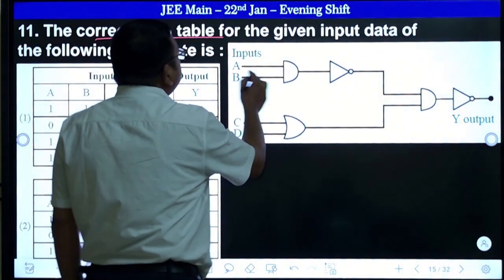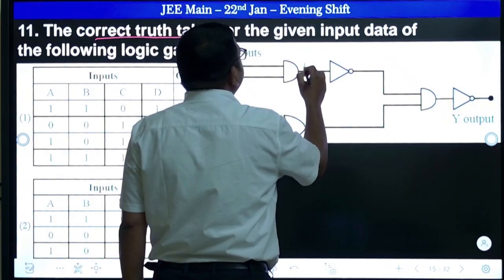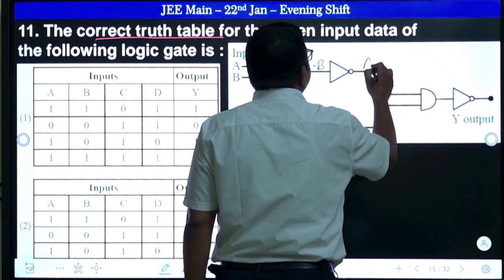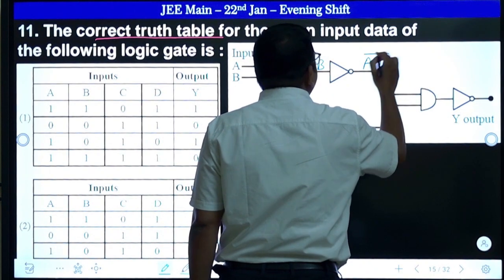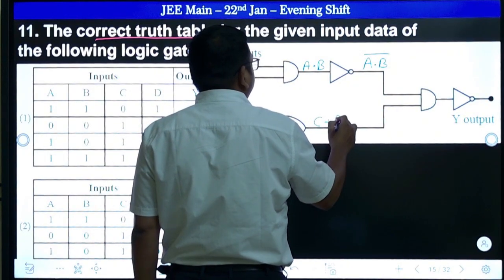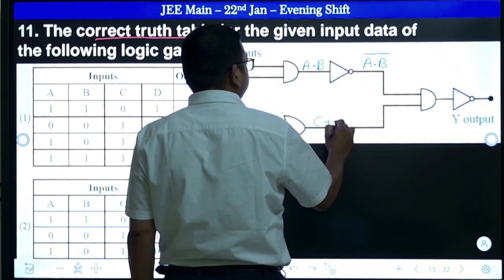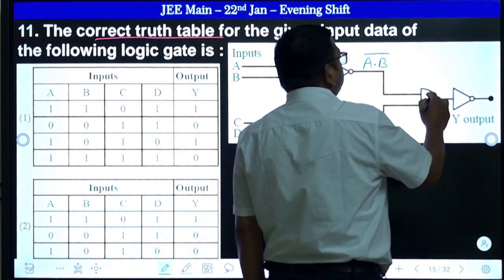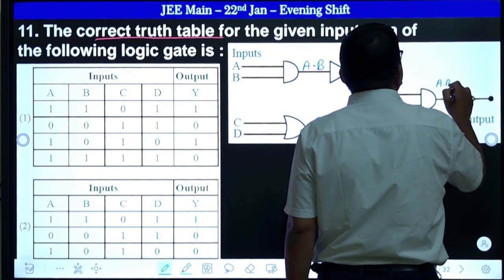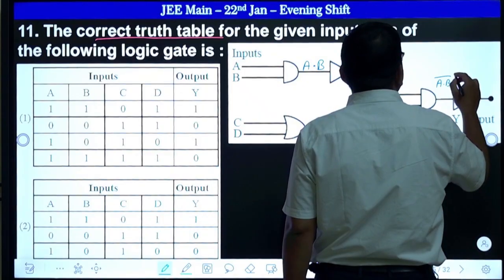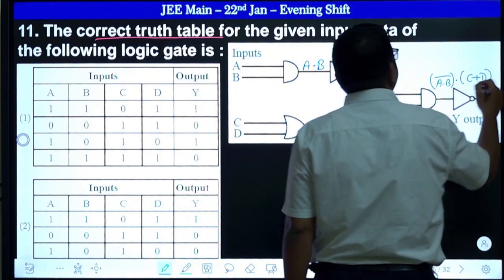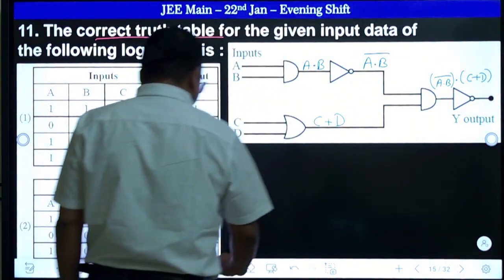So you can see here, this is AB, so it is A dot B, and here it is A dot B bar. Then here it is C plus D. Then this is again dot, so this is coming as A dot B, then this is getting dot with C plus D, and over that we have to take bar.